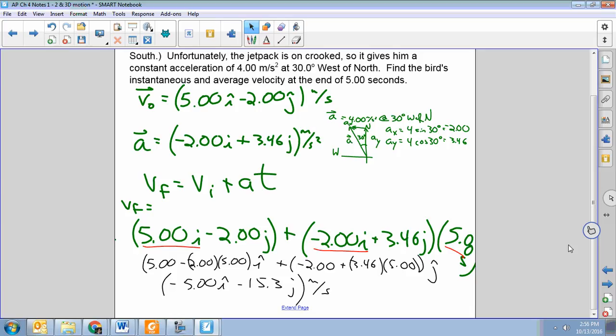So I'd have to find my starting position, which I guess you would assume is 0. Find your final position by using 1/2 AT squared plus VIT on each of those vectors, which you could do. It would be some work, but you could do it. And then do final position minus 0 divided by your time. But there's a super secret ninja shortcut we can take.